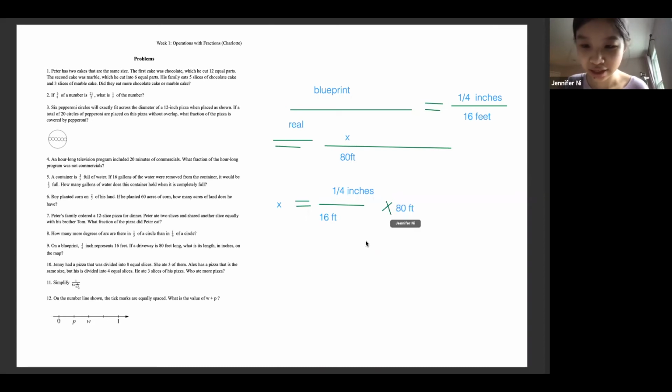And then, as you can see, the feet will cancel out.